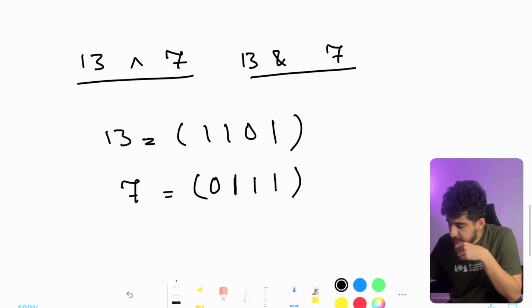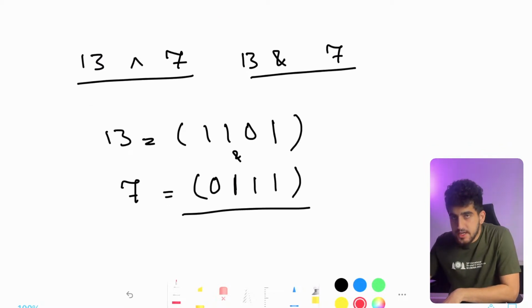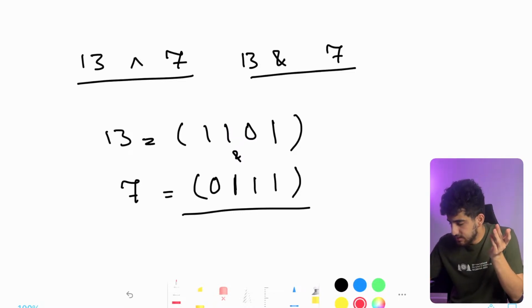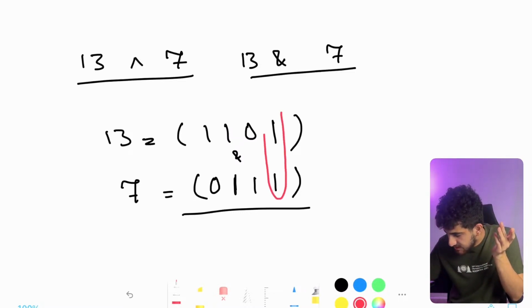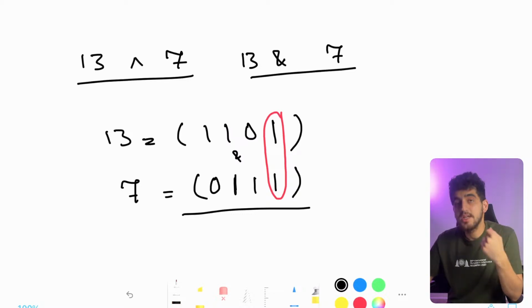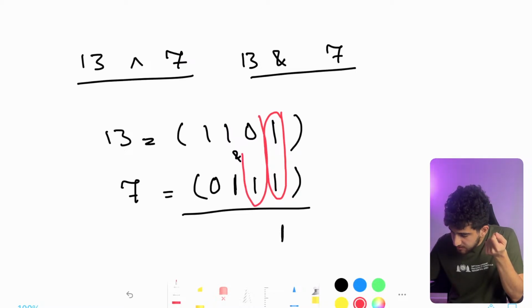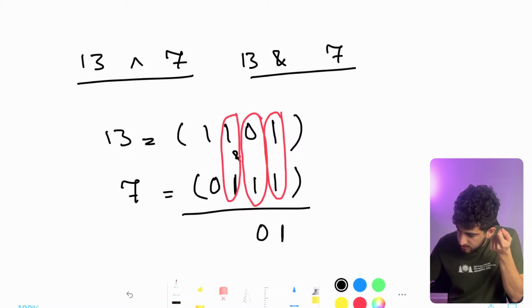And when we calculate the AND of these two values, it means that we're gonna go bitwise, and for each bit we calculate AND. For example, here we see that both of them are 1. Because we have AND, when both of them are 1, the result is gonna be 1. But when at least one of them is 0, the result is gonna be 0. These two are both 1, so here we have 1.